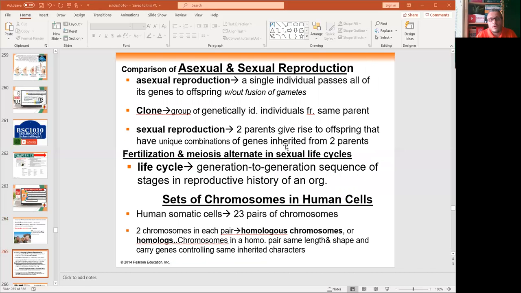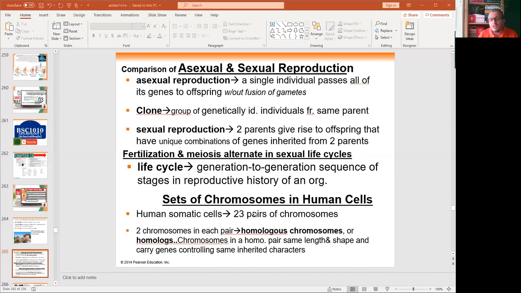There is also asexual reproduction, like we see in plants. A single individual, one single parent, passes all the genes to the offspring without any fusion of gametes. We call this a clone, which is genetically identical to that single parent.